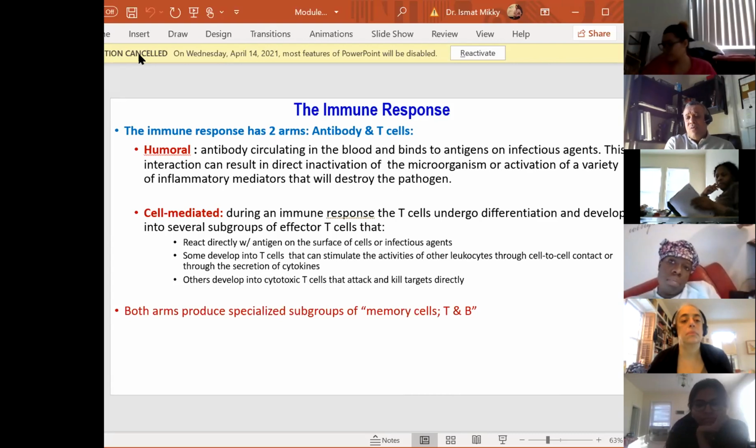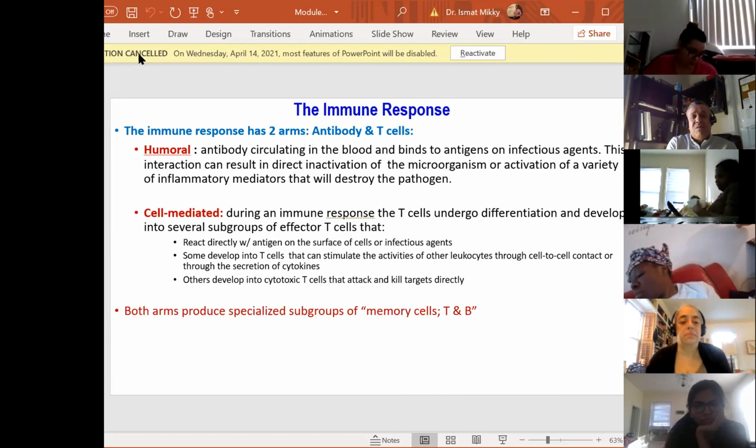The humoral response is when the antibodies are produced by the B cells. The antibodies, or immunoglobulins, each have a specific function, like IgA, IgD.